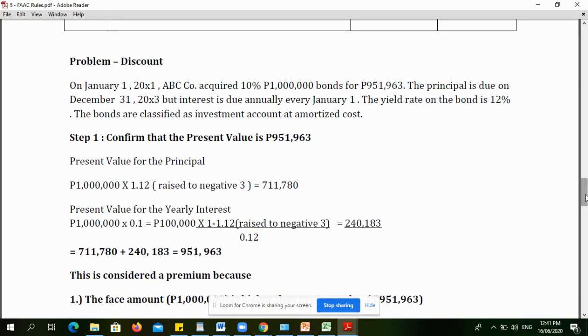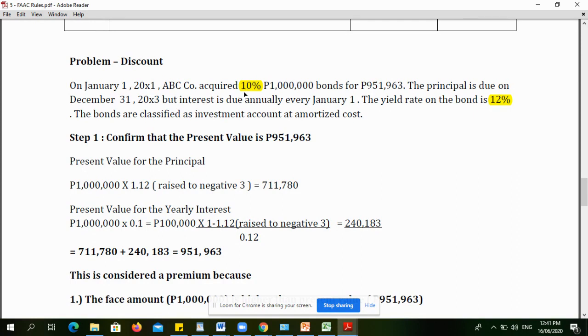As you can see, parehas lang yung given. Binaliktad ko lang yung stated rate and effective rate. So, tingnan nyo. Napapansin nyo, ABC Corporation acquired 10% 1 million peso bonds for 951,963.